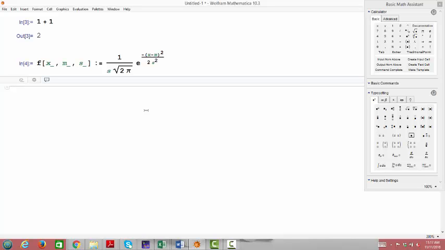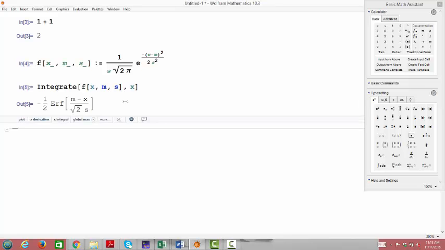Now, the first thing I'm going to do is say, this looks horrible, it's got lots of letters in it, but I don't happen to know an antiderivative for that off the top of my head. And so maybe I could just ask Mathematica. Mathematica is very smart. Maybe Mathematica knows an antiderivative for my function f of x, m, s. If I integrate it with respect to x, perhaps Mathematica will know an antiderivative.